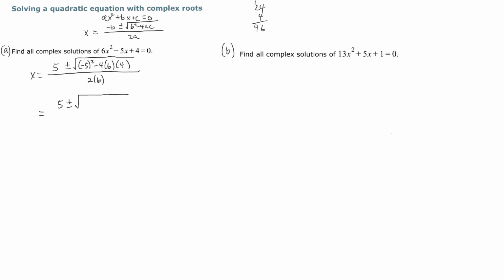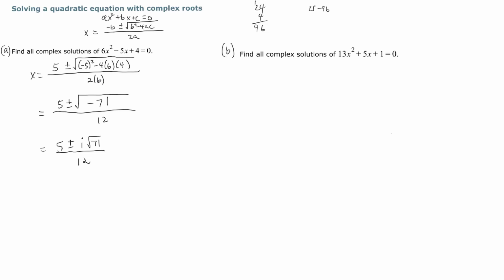So 25 minus 96 is negative 71. So we have negative 71 as our discriminant. Put this over 12. And now we have 5 plus or minus i times the square root of 71 over 12.